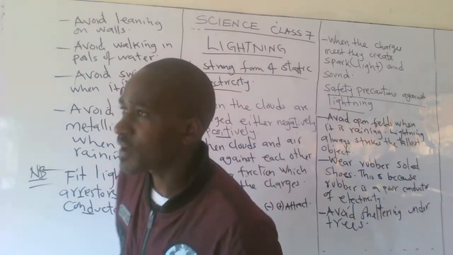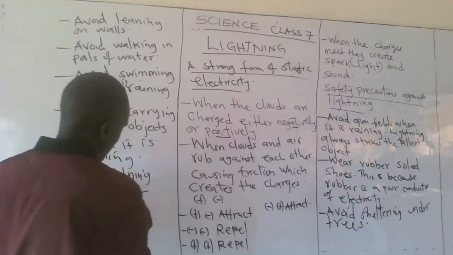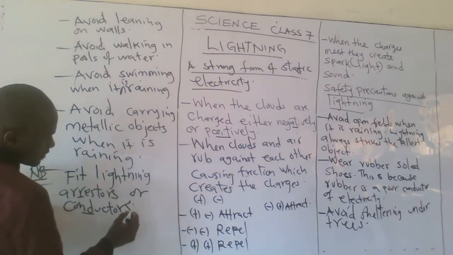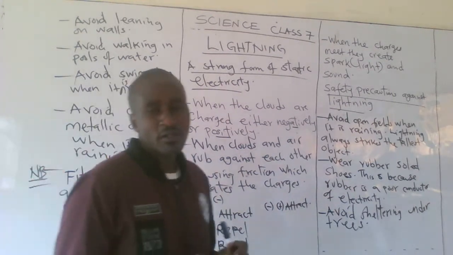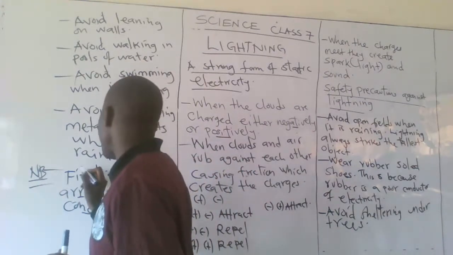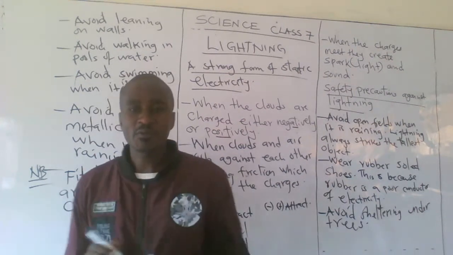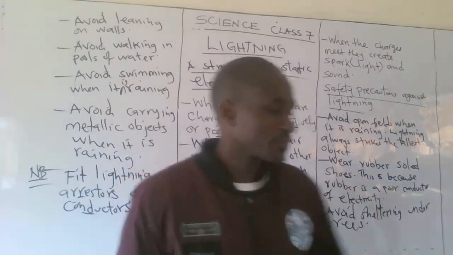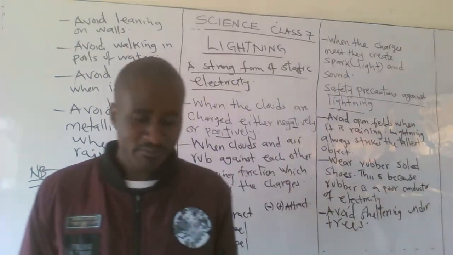Then they will be deactivated, because when they go into the ground, the soil will absorb the strength of those charges, and by that we'll be safe from being struck by lightning.